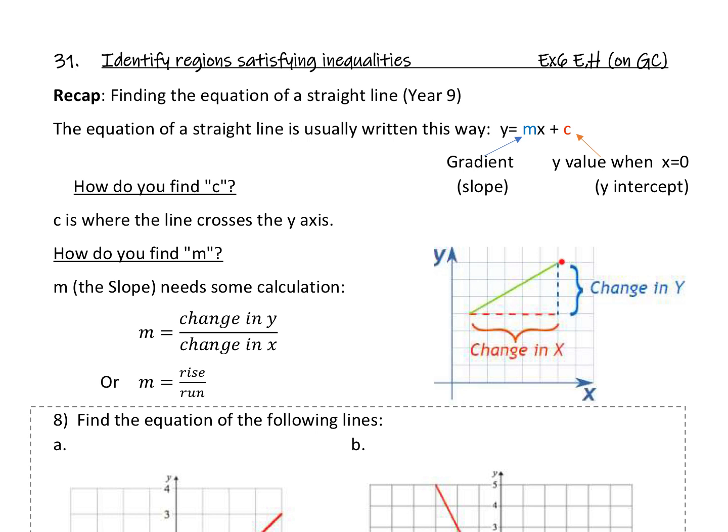So if you're given a line, you pick 2 points on the line and form a right angle triangle. The vertical represents the change in the y, or the rise, and the horizontal represents the change in the x values, or the run. Then you divide that change in y by the change in x.